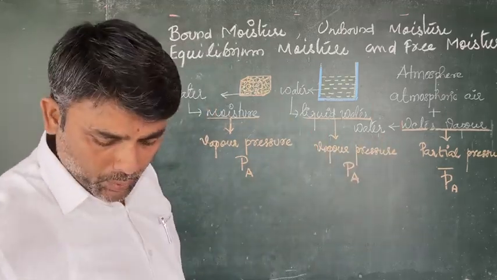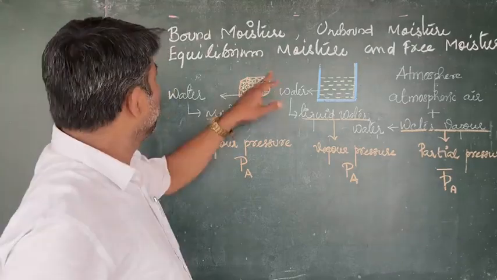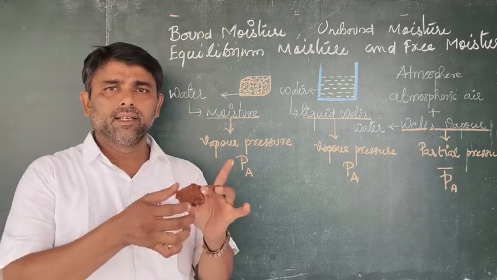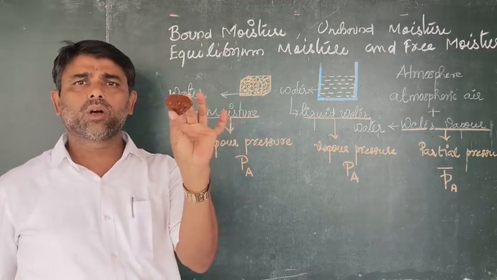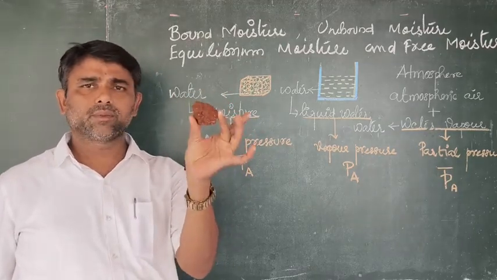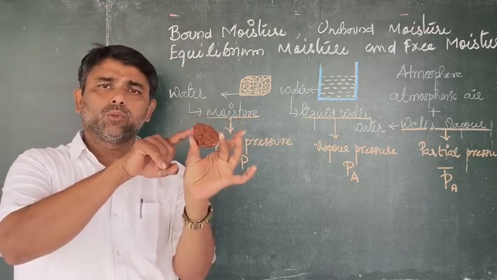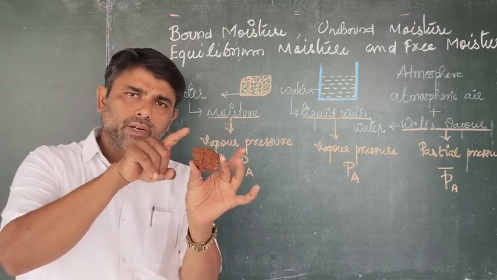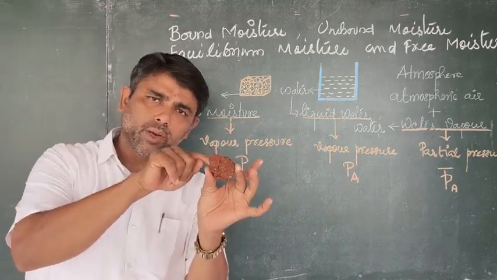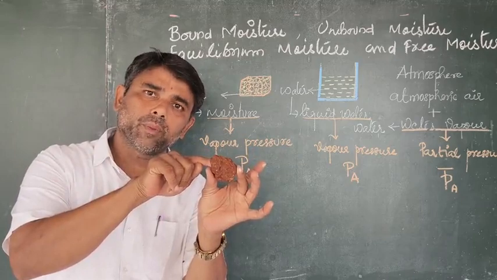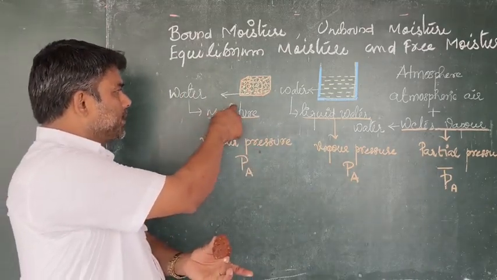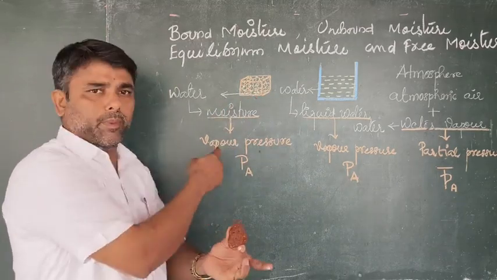Now I am going to provide a proper definition for bound moisture. Let us see. This is a substance, what you call the wet brick. It contains a certain amount of moisture. The pressure exerted by the moisture present in the substance is called vapor pressure.